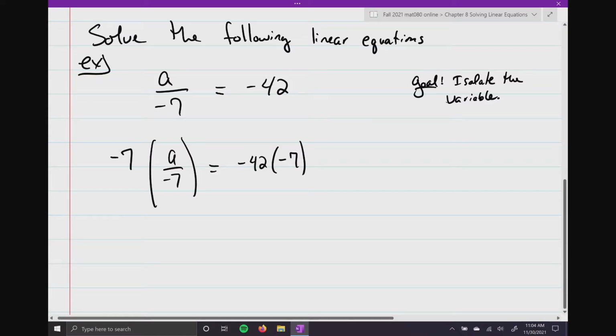So on the left-hand side, we can see that the -7s will reduce. So I'm left over with the letter A. And then on the right-hand side, a negative times a negative is a positive, and 42 times 7 is 294.